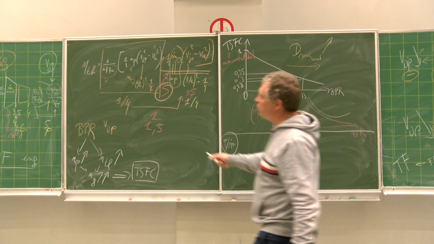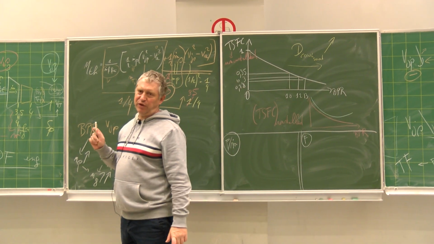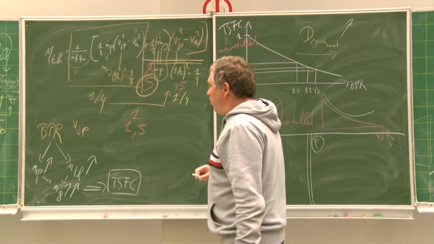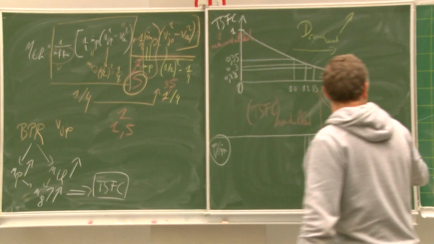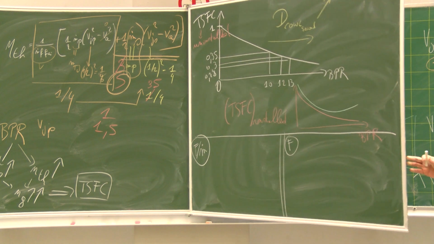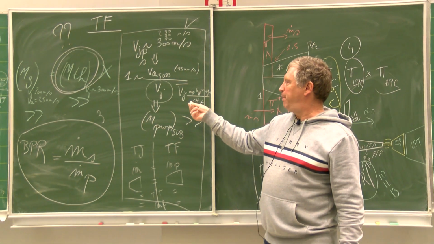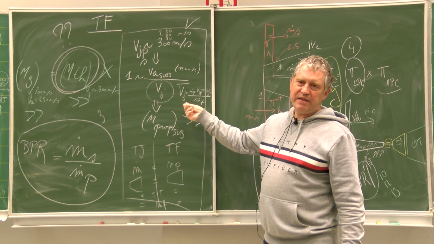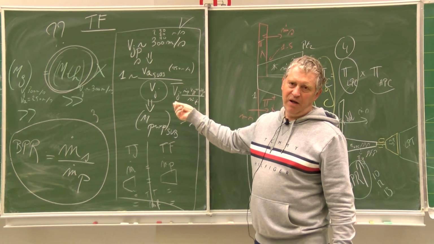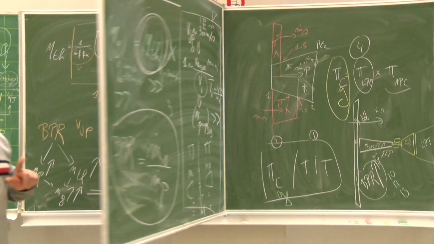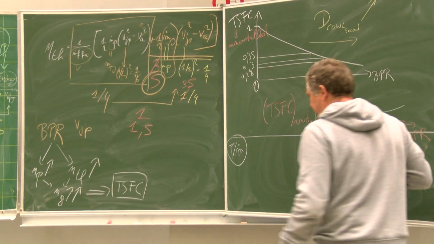So we have introduced a new equation for the thermal efficiency. We have also introduced, it was somewhere, a new equation for the propulsive efficiency with the average ejection speed. But we have also another equation for the thrust.